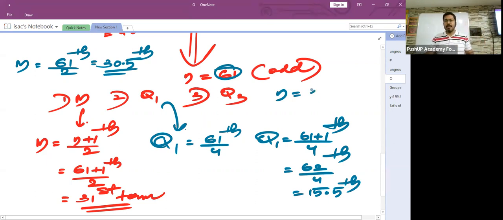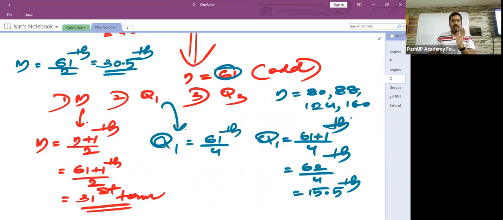Say for example, numbers like 80 or 88, or like 124 or like 160. All these numbers are divisible by 4. Children, remember, this comes under the scope of class 10 syllabus.